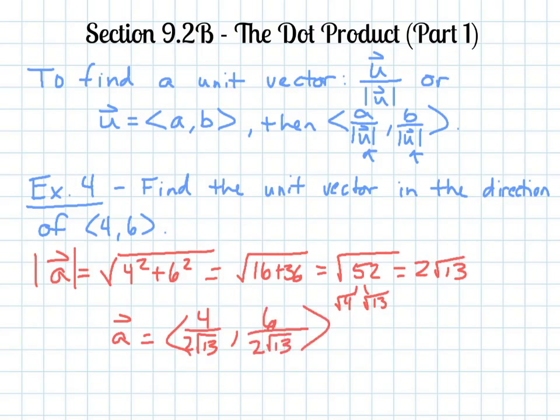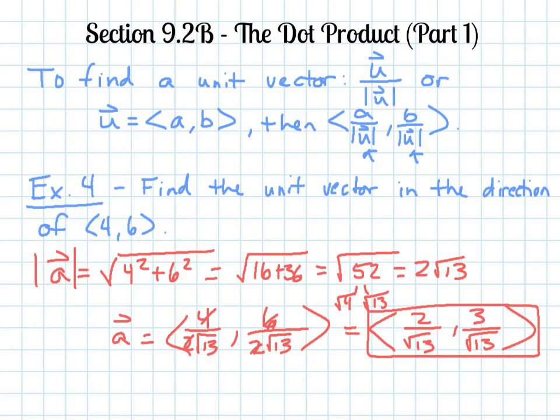Both of these have a value of 2 in common, so I could reduce and take out a 2. That gives me 2 over square root of 13, comma, 3 over square root of 13. That would be an example of my unit vector.